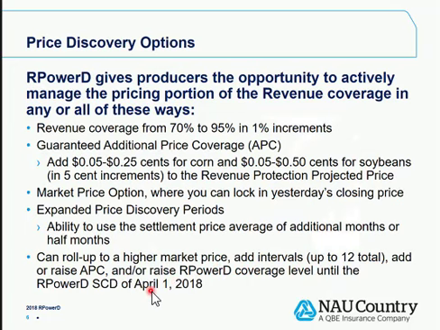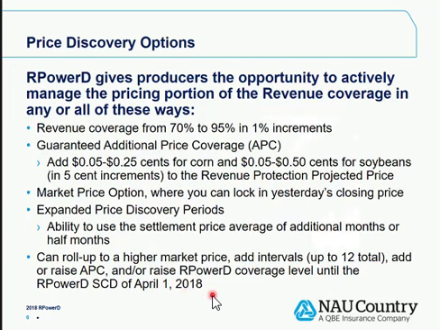Note that the sales closing date is April 1 of 2018. So you can buy the RPowerD product through April 1, 2018. Now, we are a little bit late with RPowerD into the market this year, but what you'll find is in future years, you'll be able to buy the RPowerD product starting April 1st of 2018.